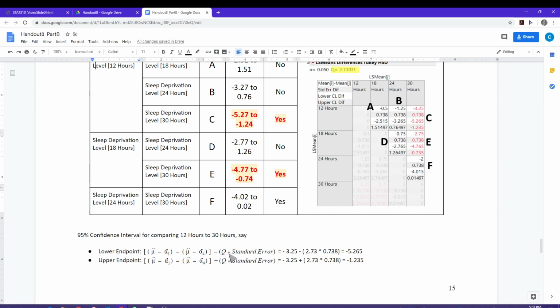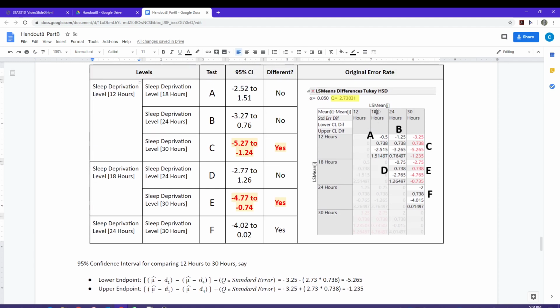If I was using the standard t approach, I would want to multiply my standard error by a quantile off the t-distribution. That's what we did on the last handout. But here, I'm not going to use the t-distribution. I don't want to use student t. I want to use Tukey's honestly significant difference.